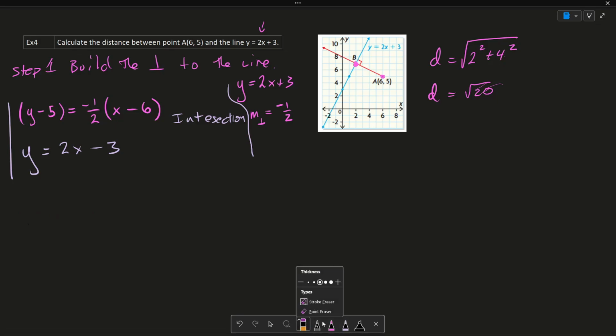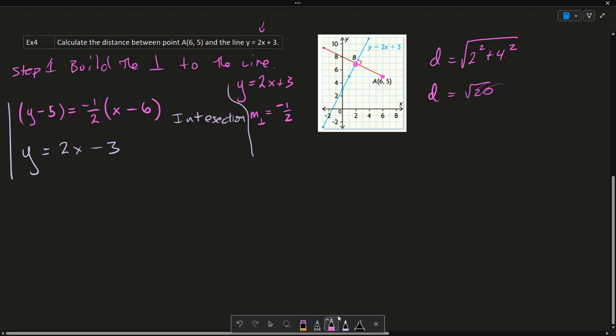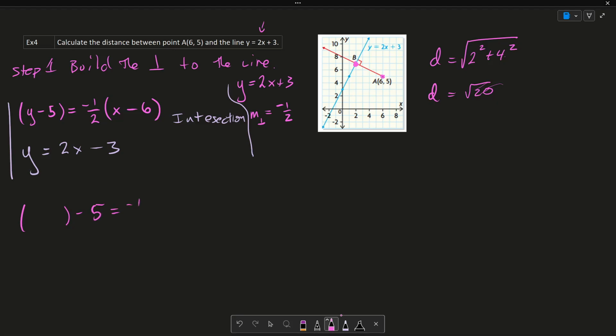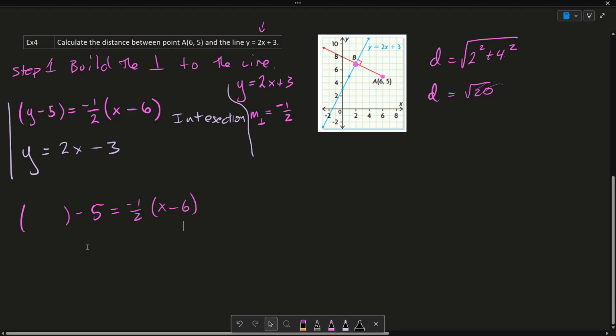Let me start over here. y minus 5 equals negative 1/2 times x minus 6. And remember, what I'm going to do is take just this part, and sub it in for y right there, okay?